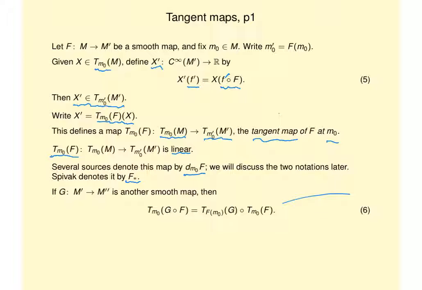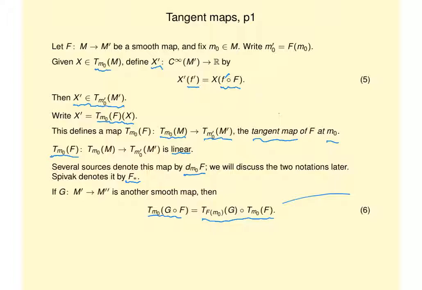Properties. Basic property: the tangent map of a composite is the composite of the tangent maps. Okay, and that's straightforward to prove. If you think about it, we're just taking the pullback over a composite, and that can be done in two stages.